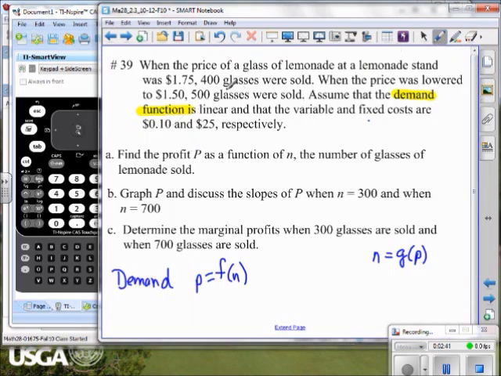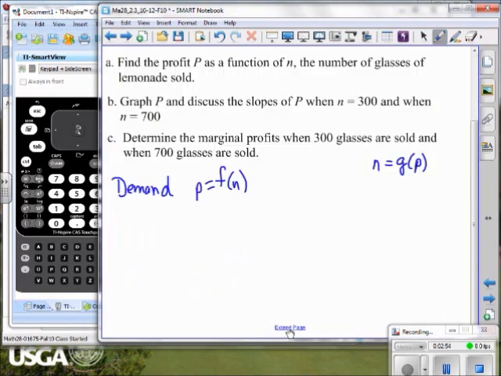Okay, so when the price of a glass of lemonade is $1.75, 400 glasses were sold, and when the price was lowered to $1.50, 500 glasses were sold. We wanted to know what is the slope. In other words, what is the average rate of change of demand?